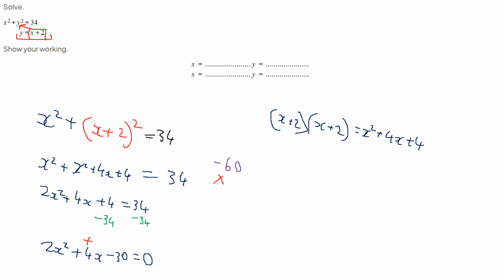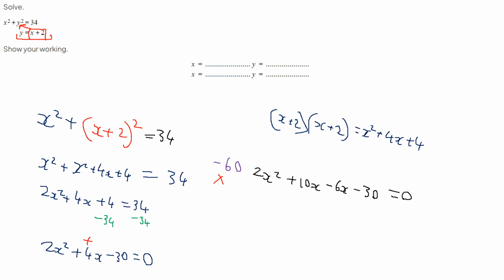And those two numbers are 10 and minus 6. So we can rewrite this as 2x squared plus 10x minus 6x minus 30 is equal to 0.